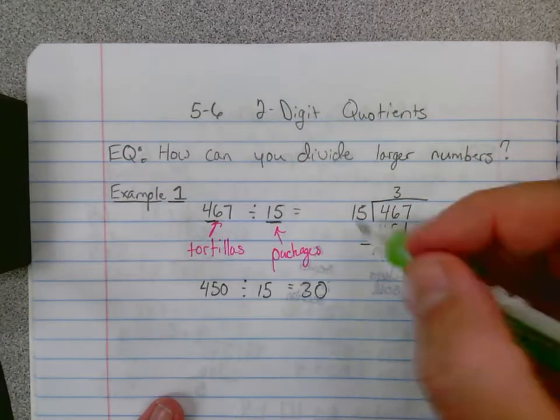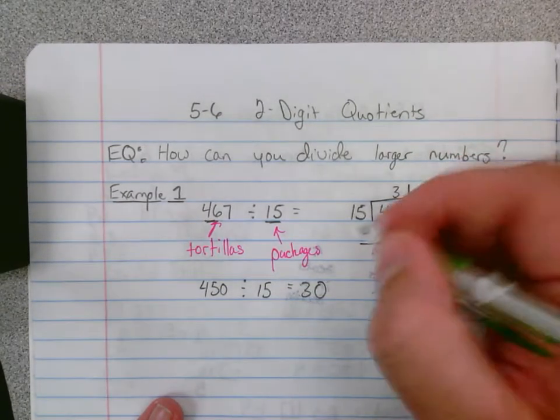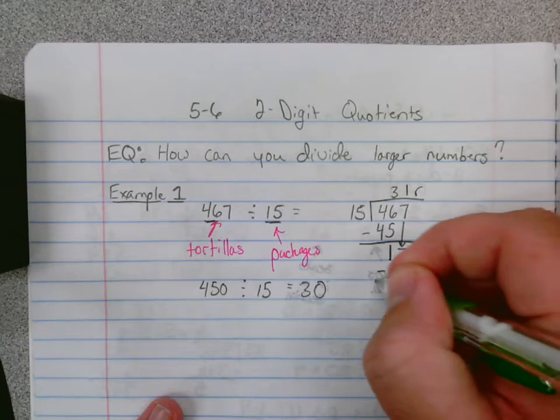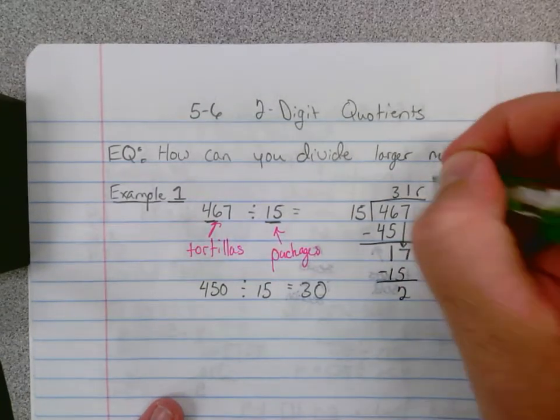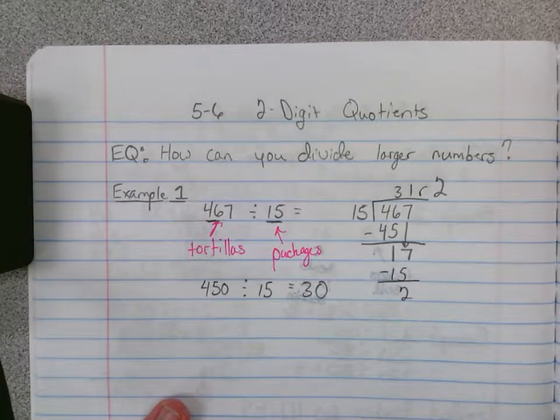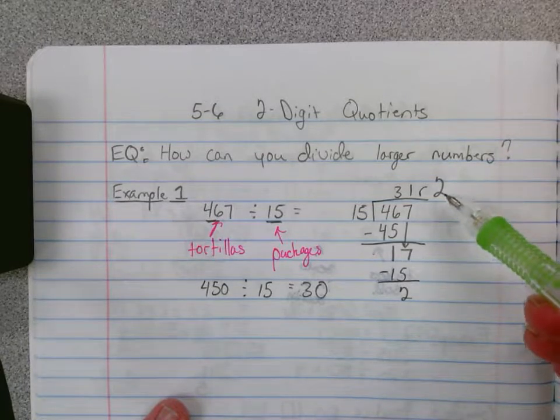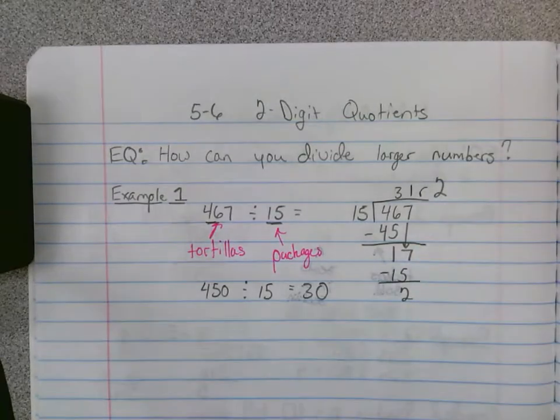Does 15 go into 17? Yes. Gives me 1 time with a remainder. 1 times 15 is 15. The difference between 17 and 15 is 2. So it gives me a remainder of 2. So I know that so far 31 packages have been filled of tortillas, because we can't have a remainder of 2 in a package. So I have to go with the whole number of 31.